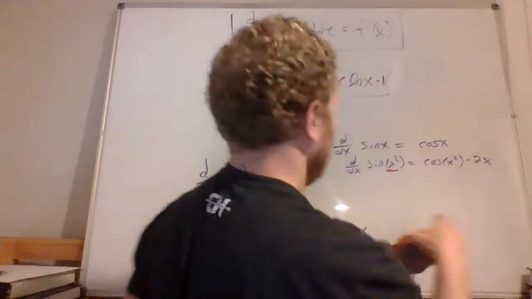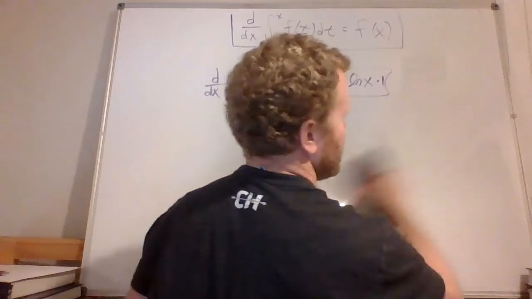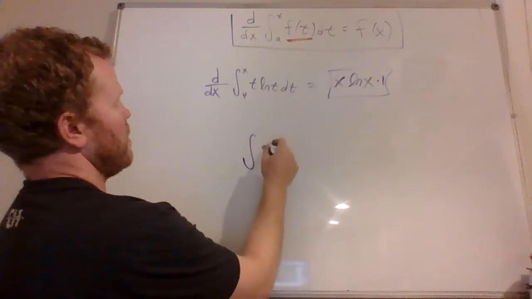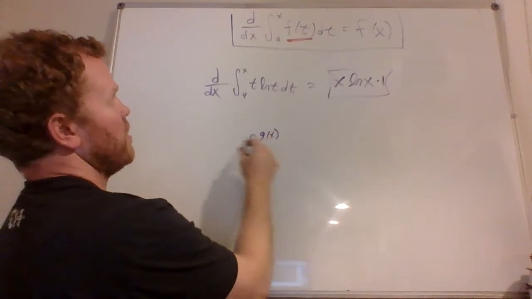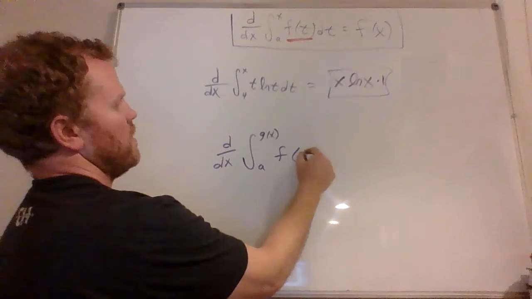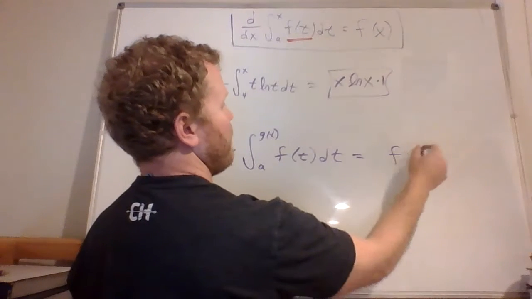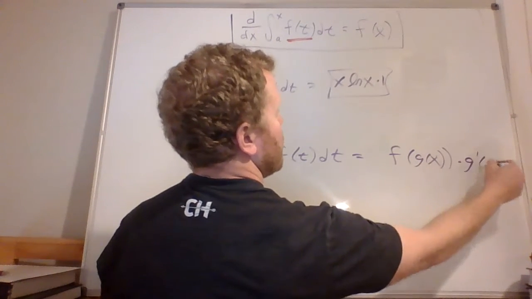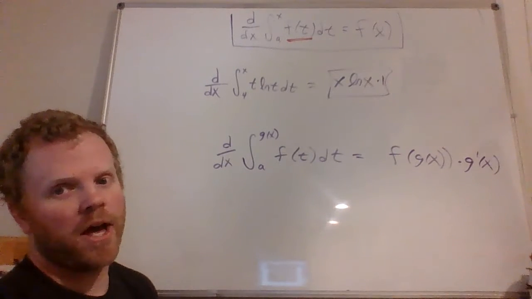So you might see the FTC written in this weirder, slightly different way to plan for the chain rule: if you integrate some function from a to some g of x up here, then we know that this is going to be equal to f of g of x times g prime. That you're always doing the chain rule, that the chain rule is always in play.